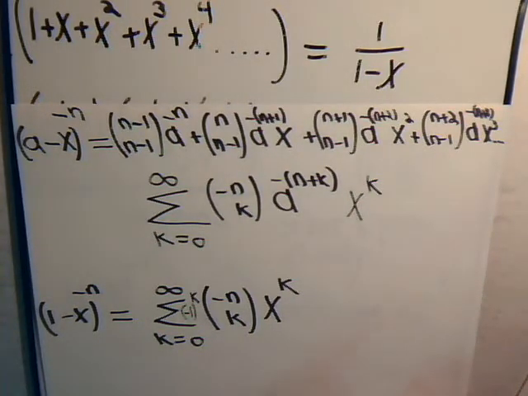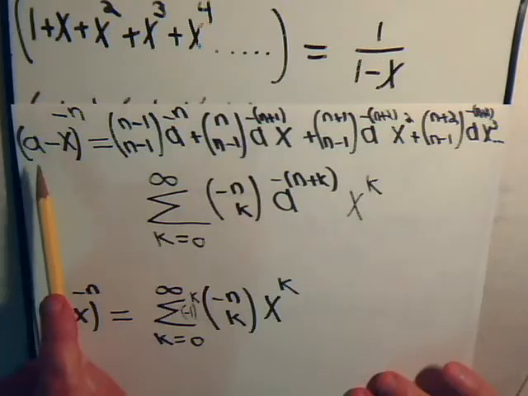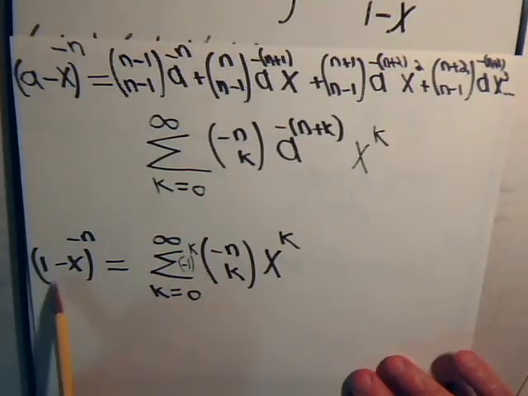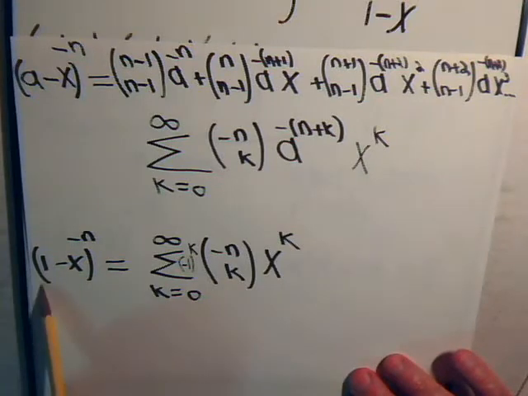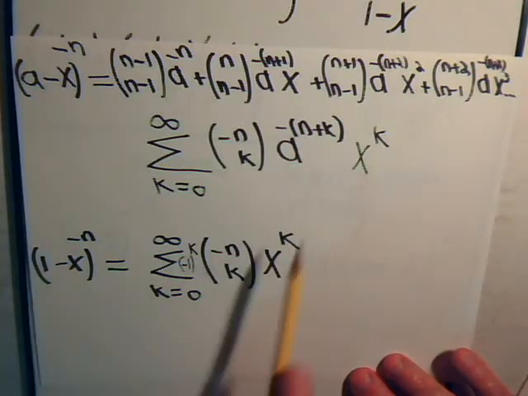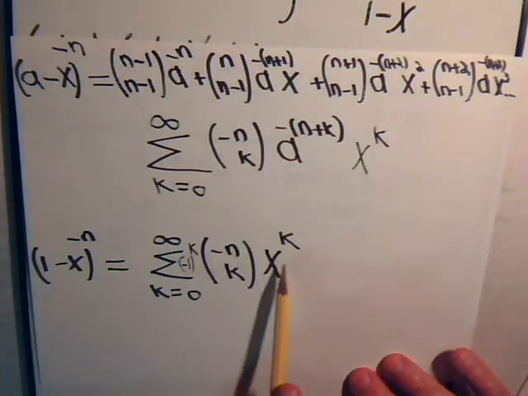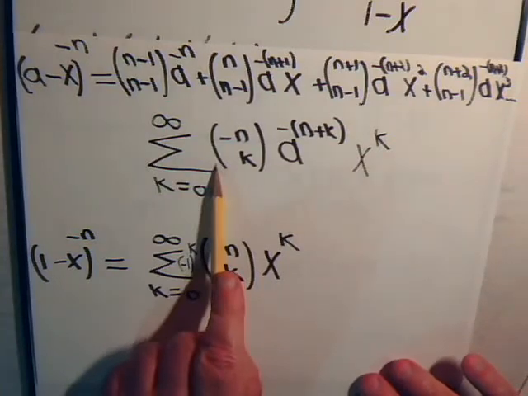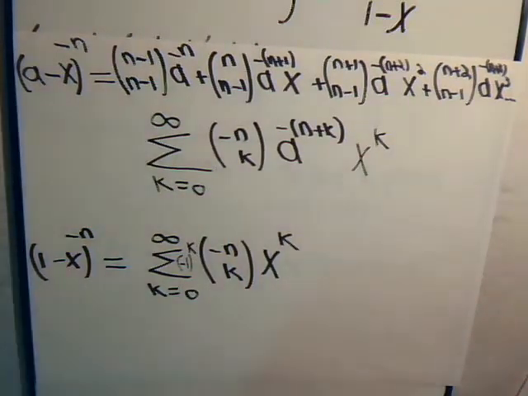Now, when we have just a equal to 1, and this is what we have for our generating function, this is just 1 to the k, then here we have minus 1 to the k, and we should have that up here too, as minus 1 to the k.